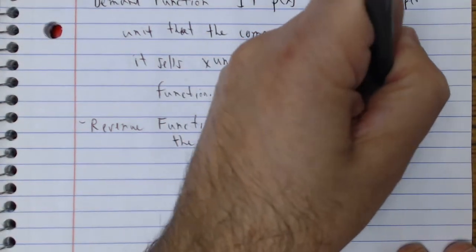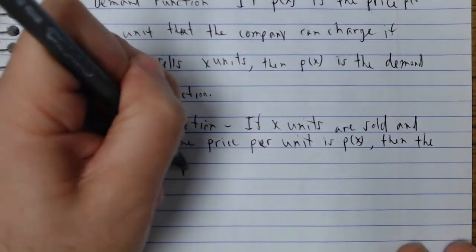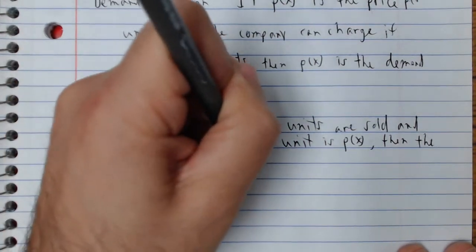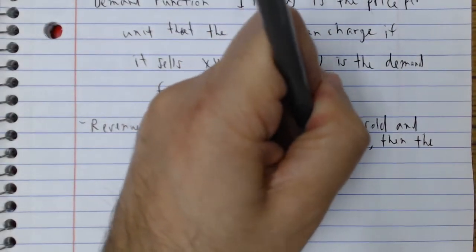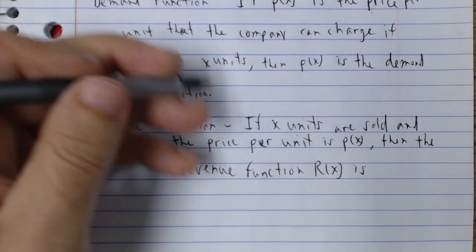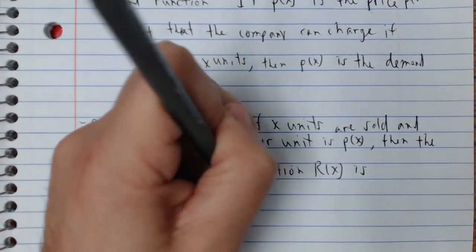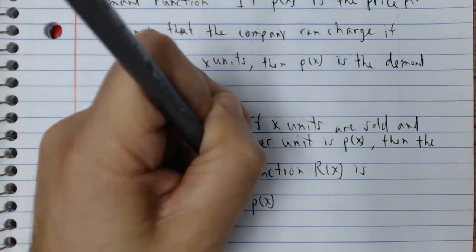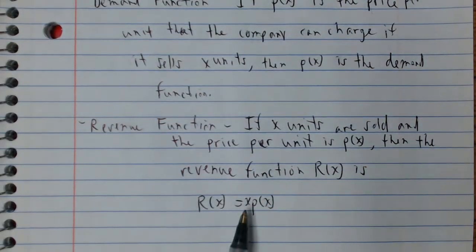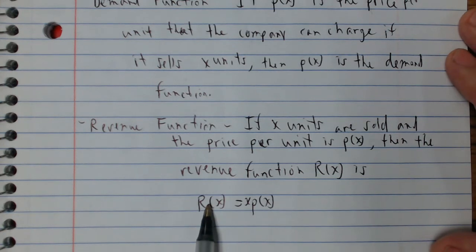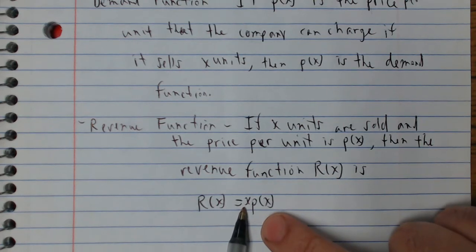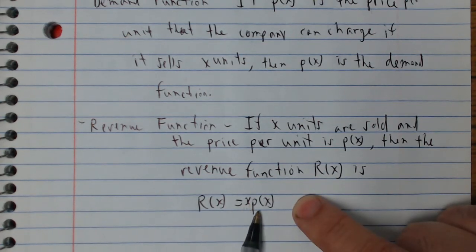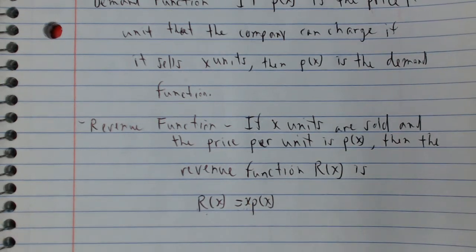Then the revenue function, R of X, is defined as R of X equals P of X times X, which makes sense, right? Because revenue is how much money you get. P is the price at which you're selling your product, and X is how many you sell. So how many you sell times how much each product costs gives you your revenue, which is how much total money you get back.